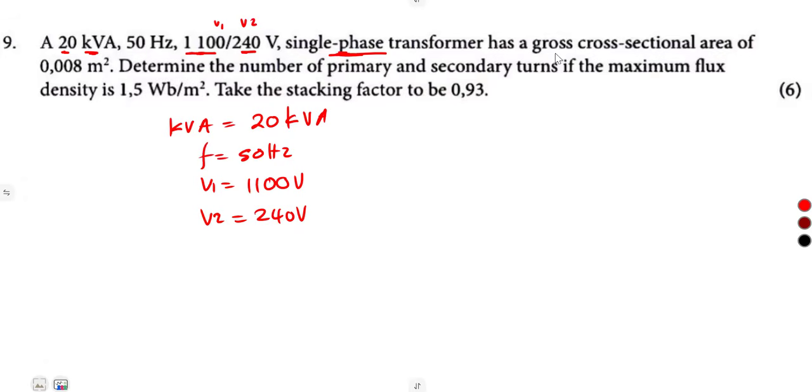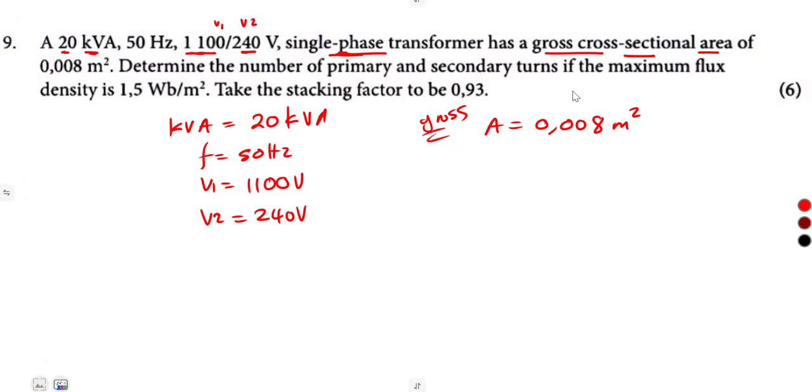All right, we are given the cross-sectional area, which is the gross cross-sectional area of 0.008. This affects our staking factor.